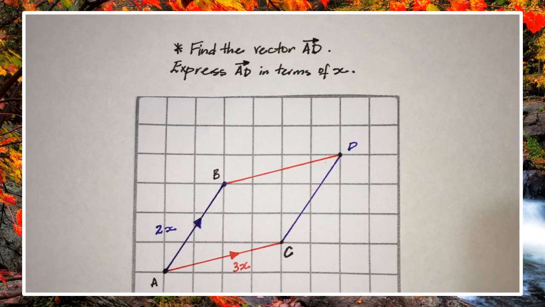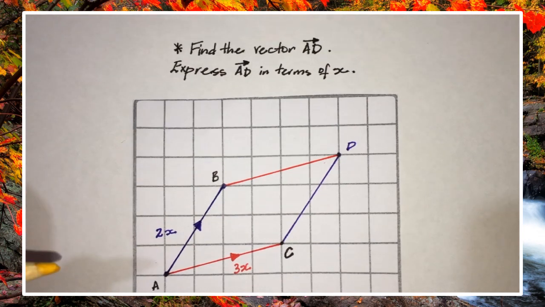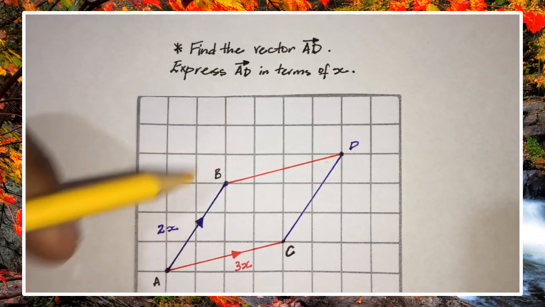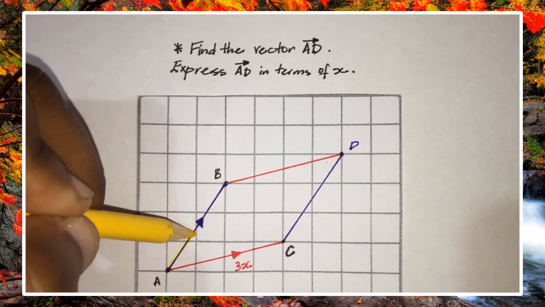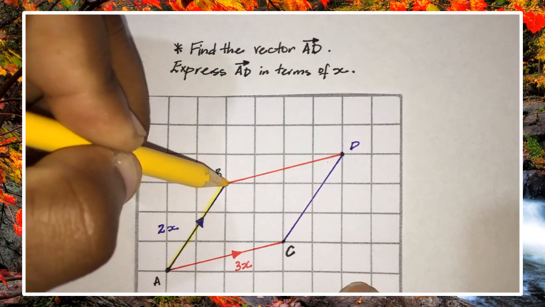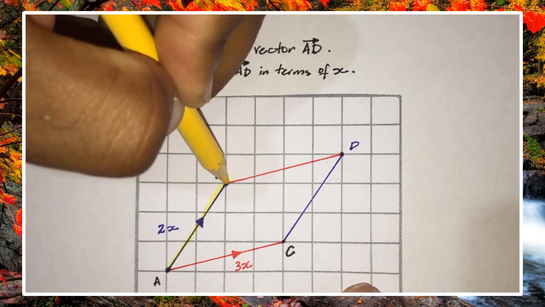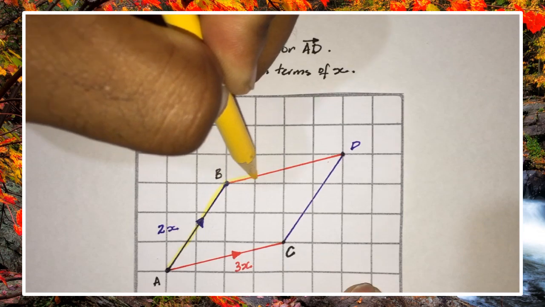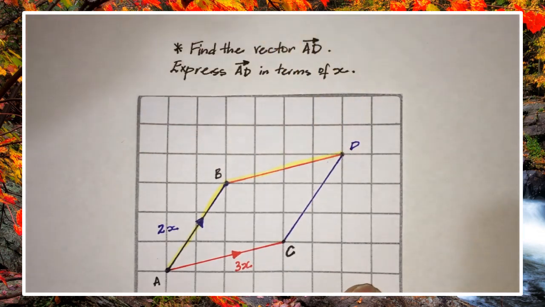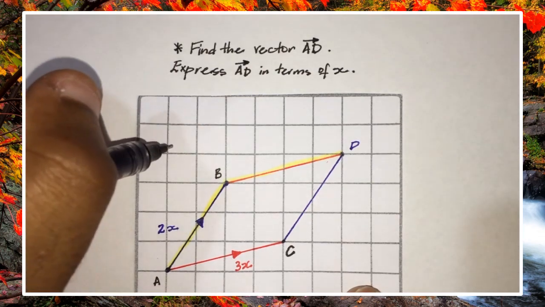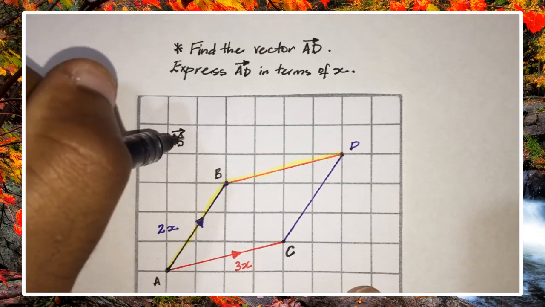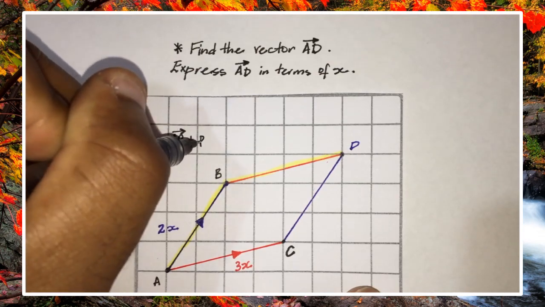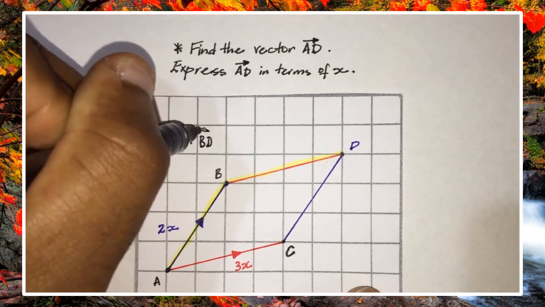Now, I could start by saying, okay, to go to AD, we need to start at A, travel along AB, and then make that turn at B and go towards D. So if I'm going to draw a vector map for AD, it would be A to B and B to D. Seeing that?